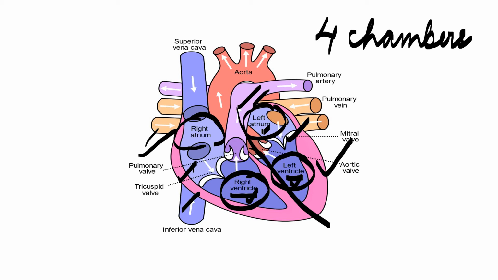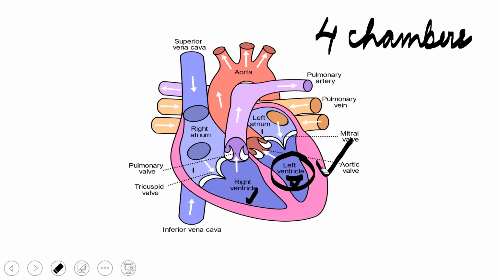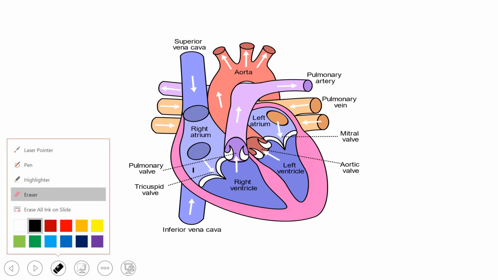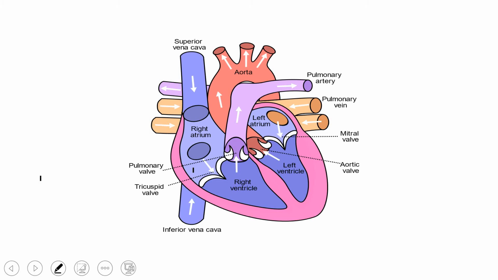You might be confused about why it is so. We shall discuss this in the class, but right now be cautious: when you draw the heart, this side is your left side and this one is your right side. So we have right atrium, left atrium, right ventricle and left ventricle.